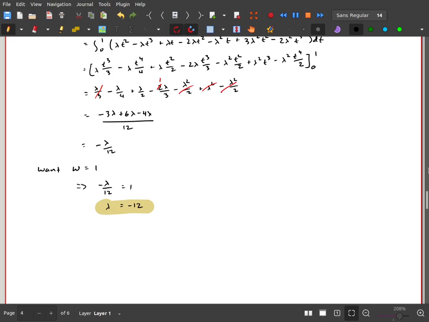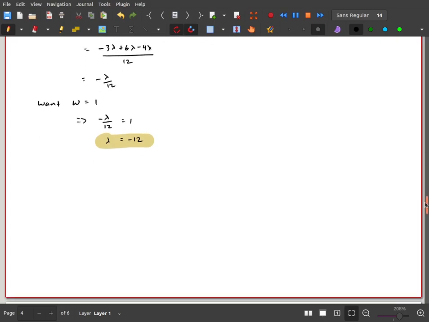Doing the integration is straightforward. It might be a little tedious in this case because there are a lot of terms, but a lot of them also cancel out. Even if you have a quadratic, you can still solve for possible values of lambda. In this case, it cancels out, and there's only one possible solution for lambda. So once you know how to set things up, the rest of it is pretty smooth sailing.